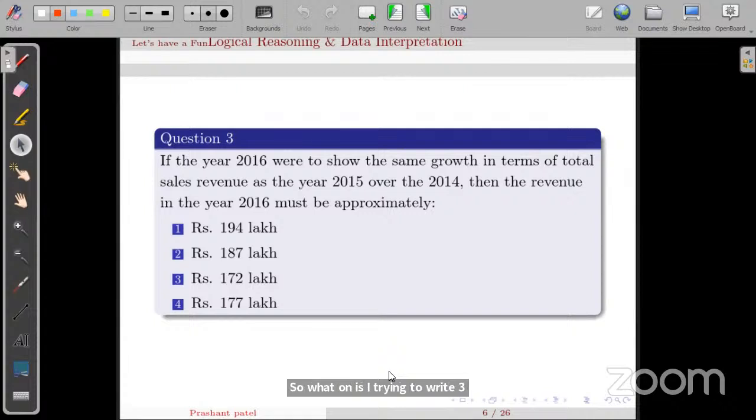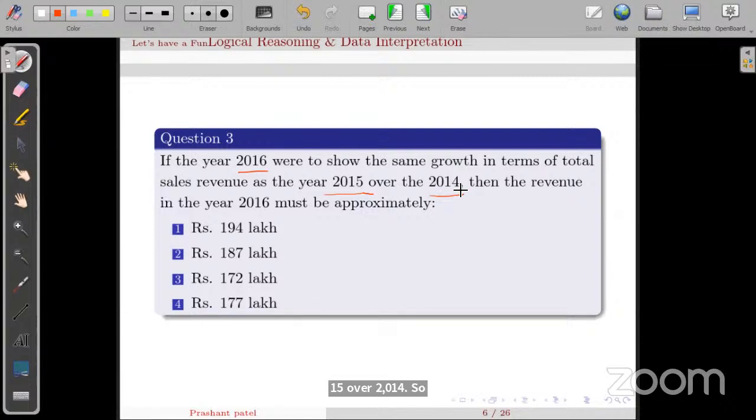See what is the situation, what is given. They are saying that in 2016, we are to show the same growth in terms of total sales revenue as the year 2015 over 2014.